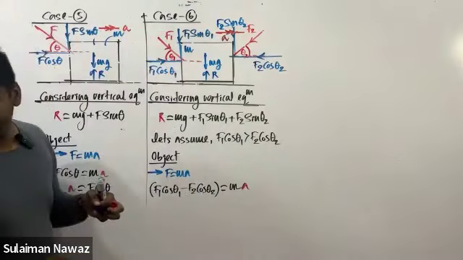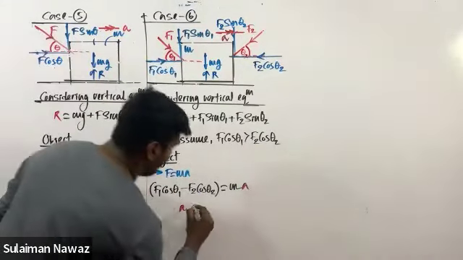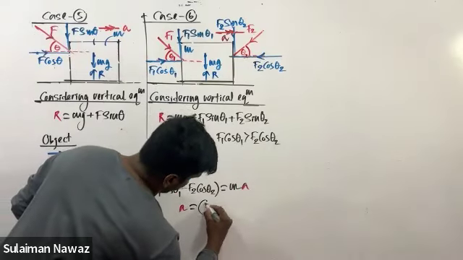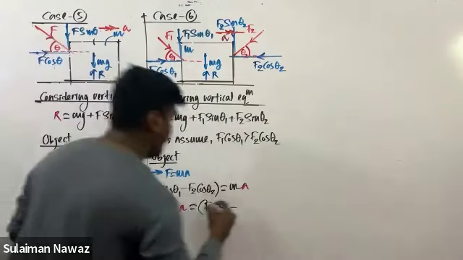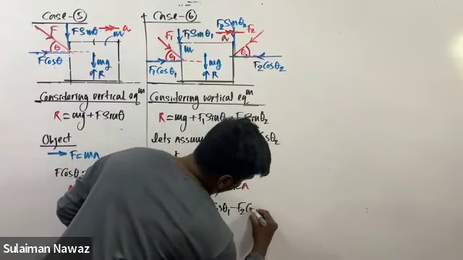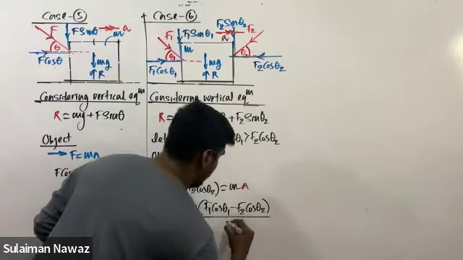In case you want to find the acceleration, you can make a the subject: a equals F1 cos theta 1 minus F2 cos theta 2 over m.